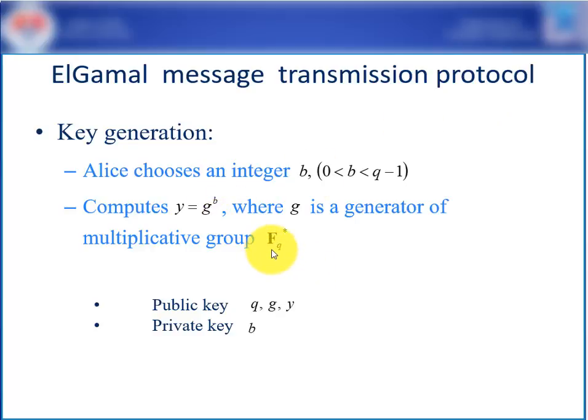This element g of the finite field Fq is chosen so that g generates this field Fq, and we know from our lecture on finite fields that an element g is called a generator of a finite field Fq if by raising this element to powers from 0 to q minus 1, we can obtain all the elements of which this finite field consists.